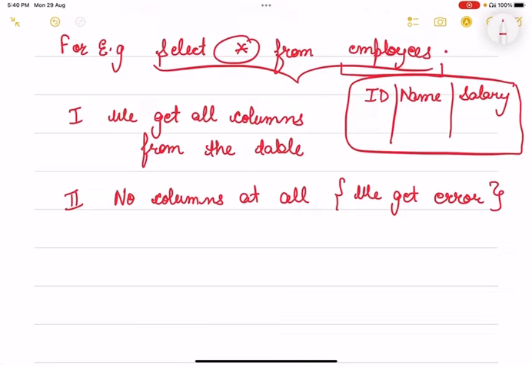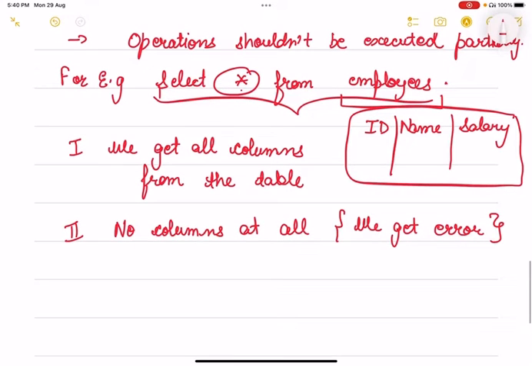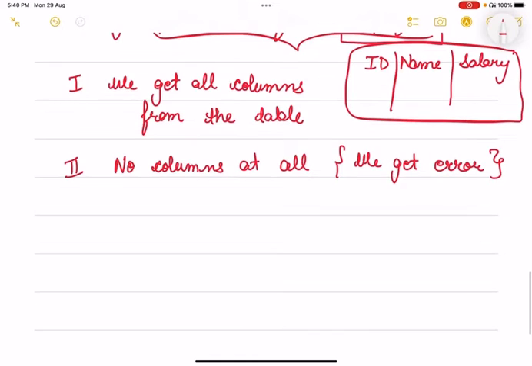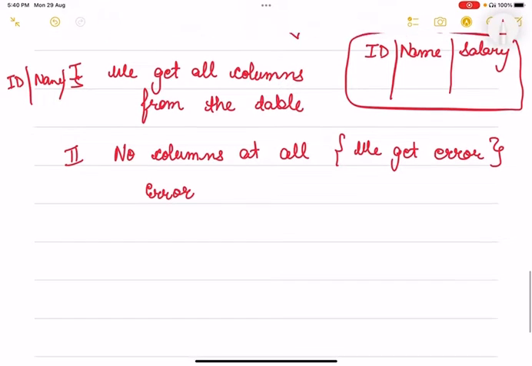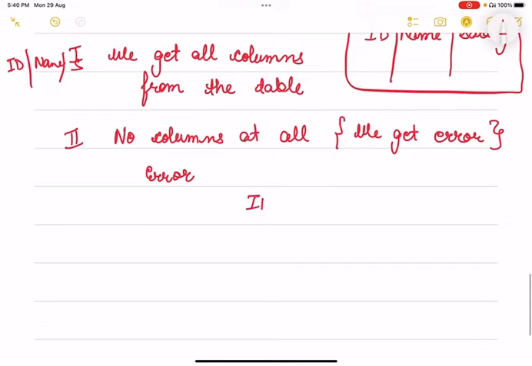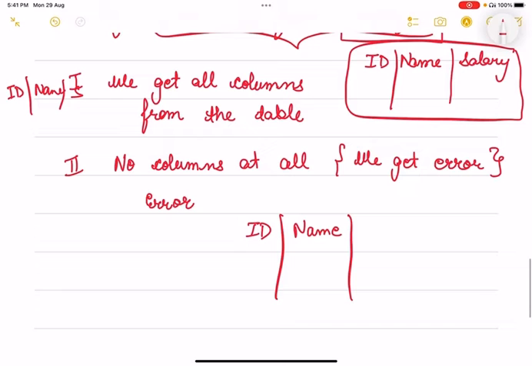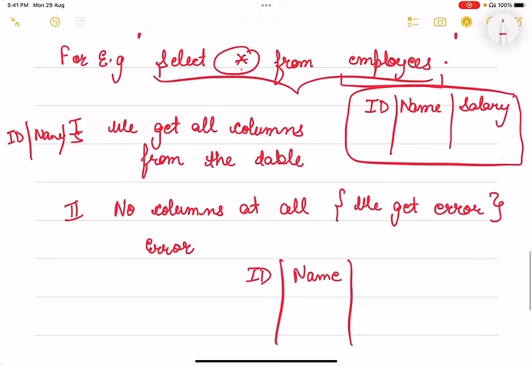What I mean here is, if we are writing select star from employees, then either we get ID, name, salary, or we will get an error, right? It will not be like we get the ID column, we get the name column, but we are not getting the salary column if we write star.